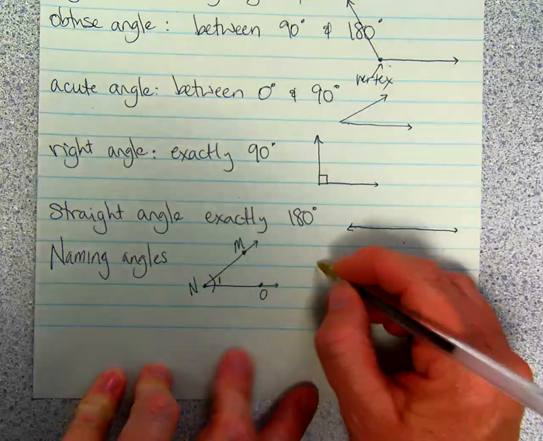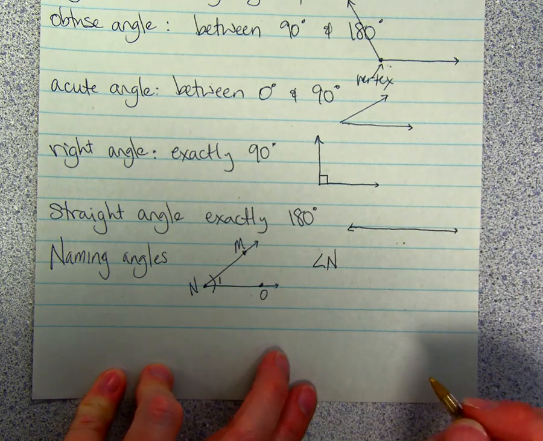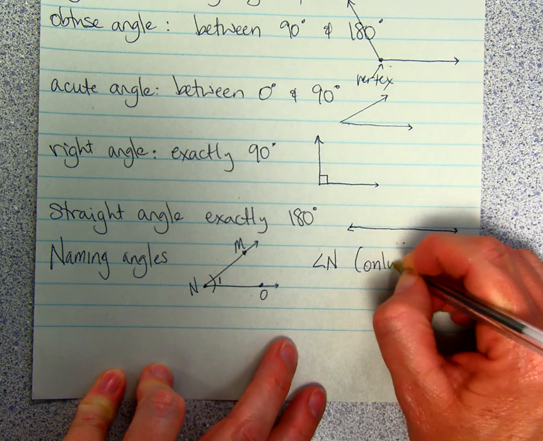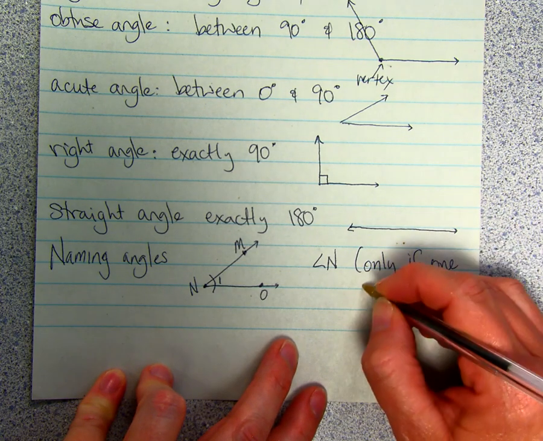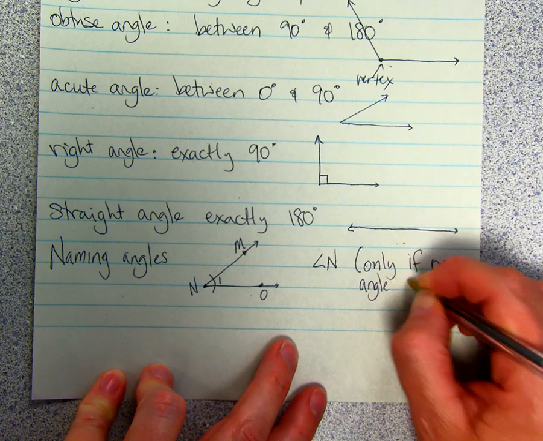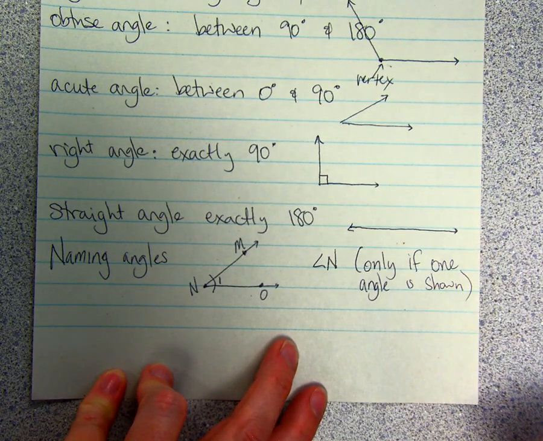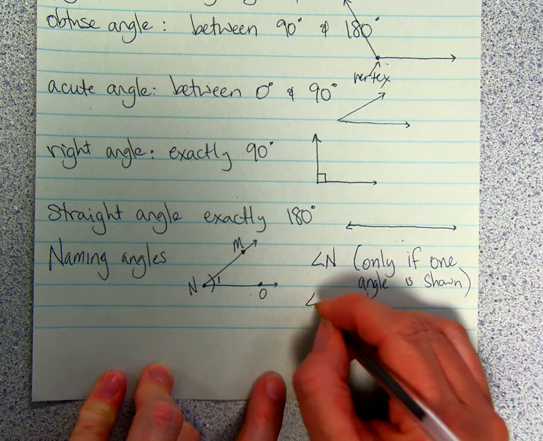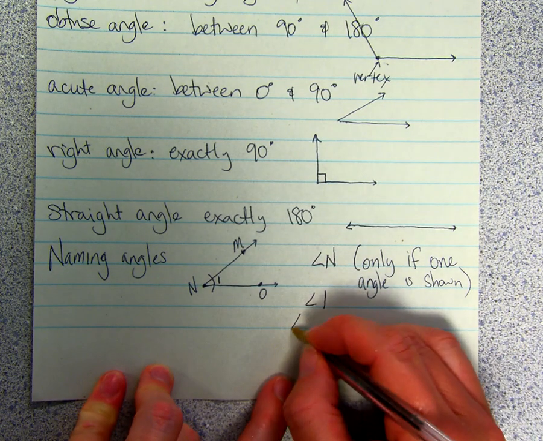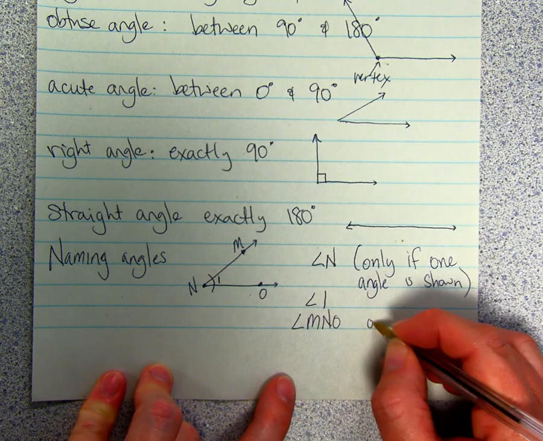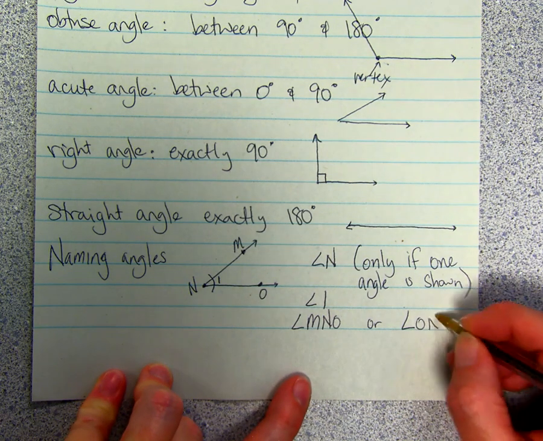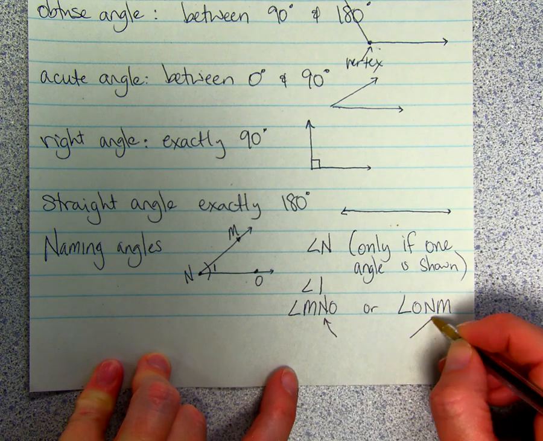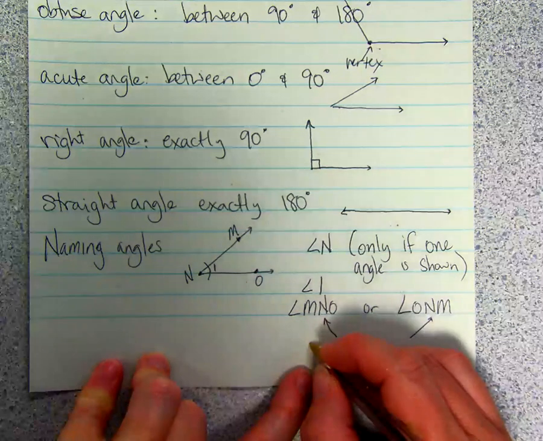We can say angle N, which we can only say if there's one angle shown. We can call it angle 1. We can call it angle MNO or angle ONM. The middle letter, when you're using three letters, is always the vertex.